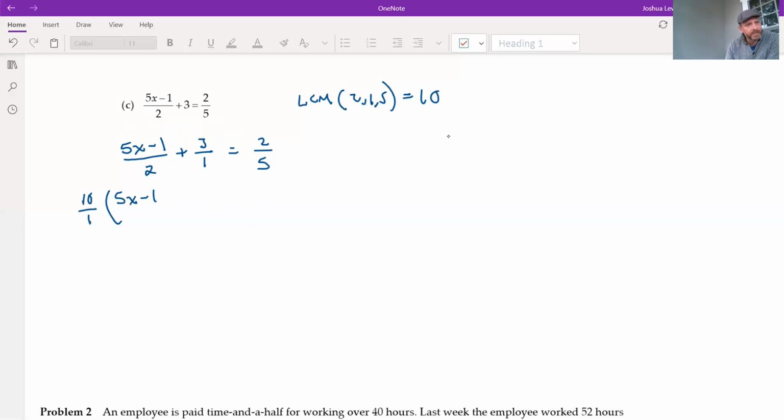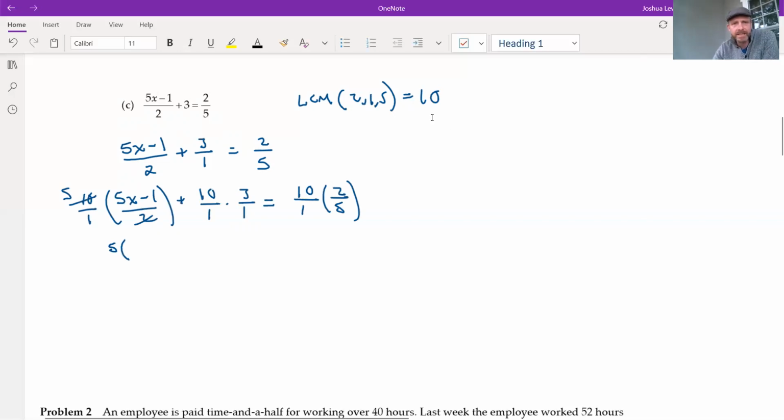And so watch what happens when I do that. And again, the advantage of multiplying by that least common multiple is that after you do so, your fractions are gone, right? So 2 goes into 10 5 times. And so I have 5 times (5x minus 1).